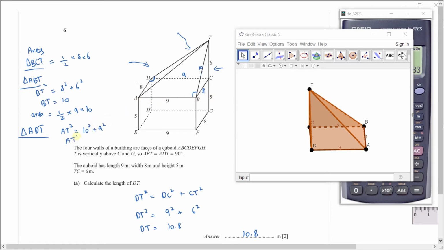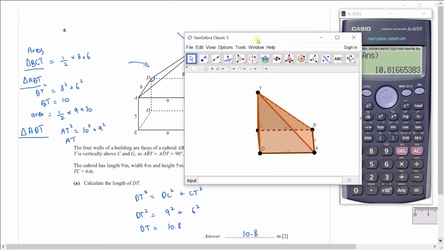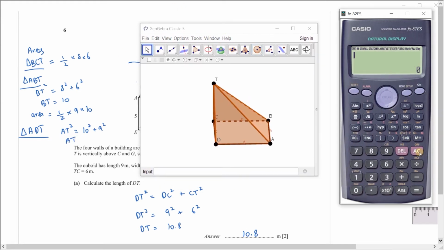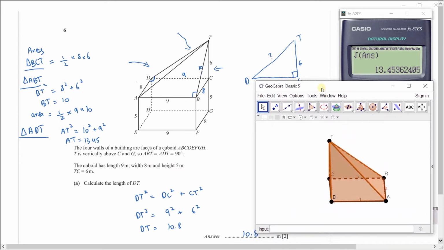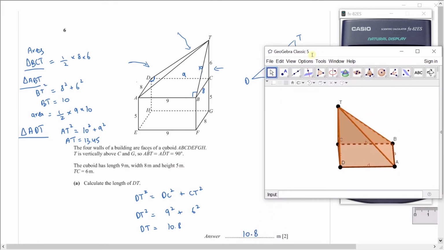So this will give you 100 plus 81, and then square root. So this is 13.45. Now I know this length AT is 13.45.